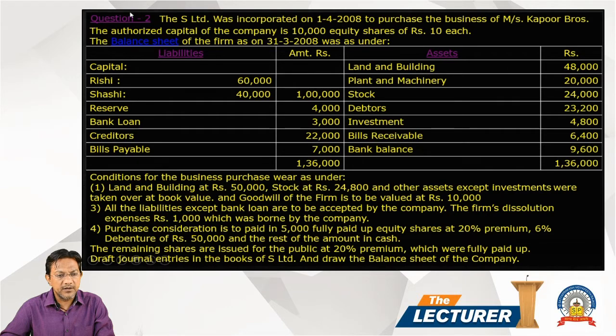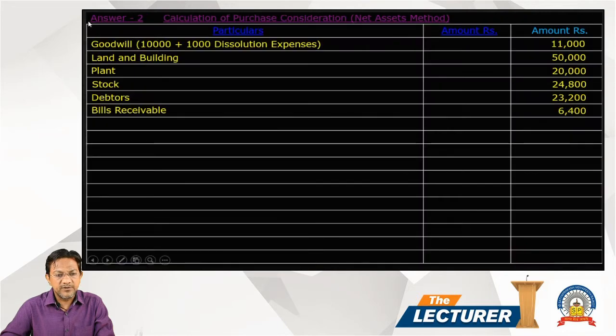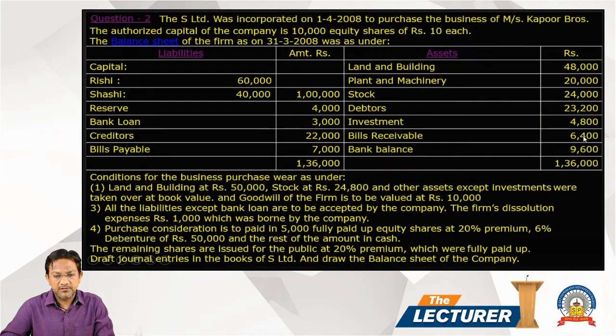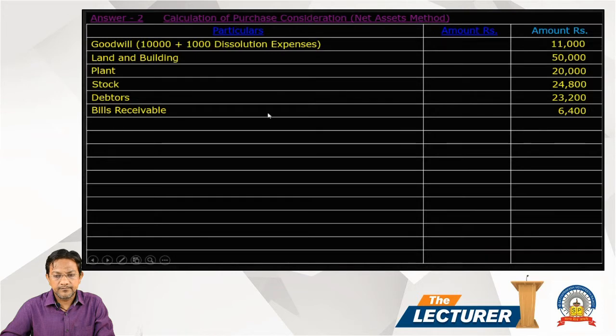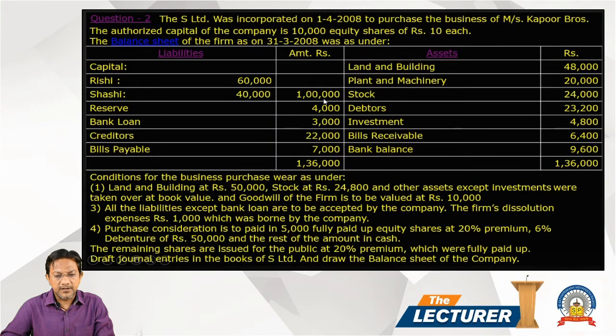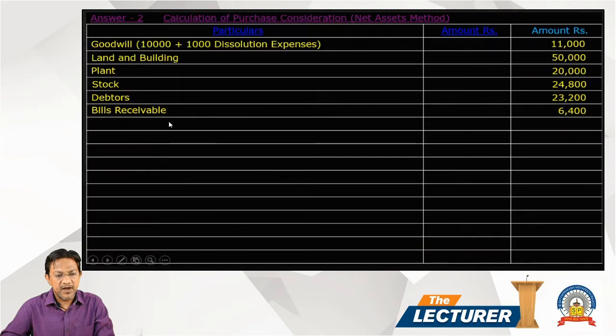Then bill receivable at book value, so bill receivable 6,400. Then bank balance 9,600. On the asset side we make the total, so 1,44,000 is the total asset.